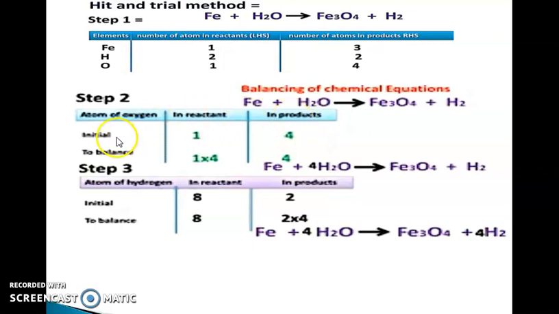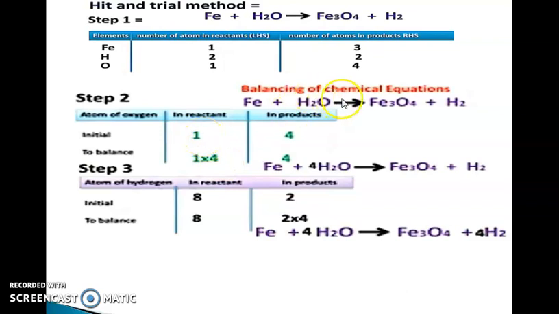So in the unbalanced chemical equation, means at the initial point, the number of oxygen atoms present on the reactant side is 1. That's why 1 is written. And on the product side it is 4. That's why 4 is written here. When we start balancing, what we do is multiply this 1 on the reactant side by 4.